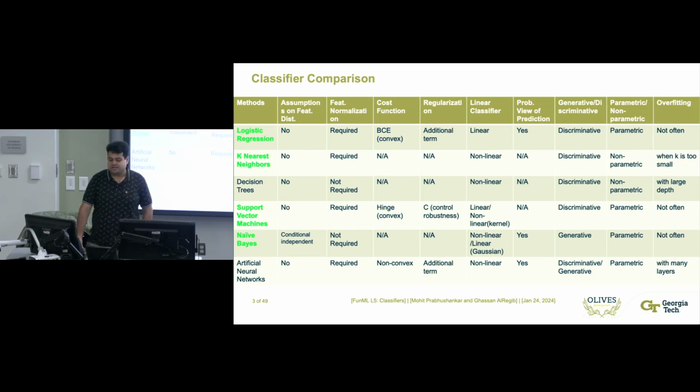Feature normalization, support vector machines, we do require some kind of feature normalization. In any linear classifiers, this is generally true because we don't want particular features to be overly represented in our decision boundaries. So we want to make sure that everything is as normalized as possible. The cost function, there's multiple cost functions that we can use.